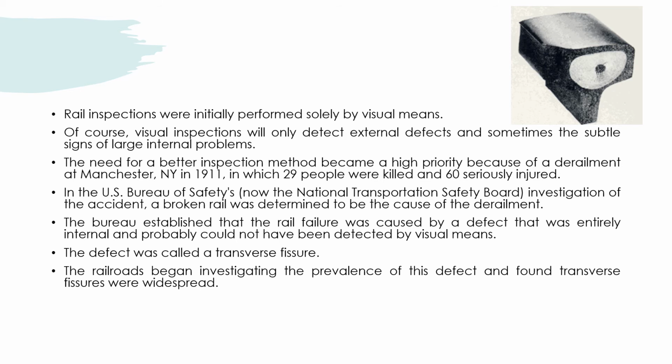The Bureau established that the rail failure was caused by a defect that was entirely internal and probably could not have been detected by visual means. The defect was called a transverse fissure. The railroads began the investigation and prevalence of this defect and found the transverse fissures were widespread.